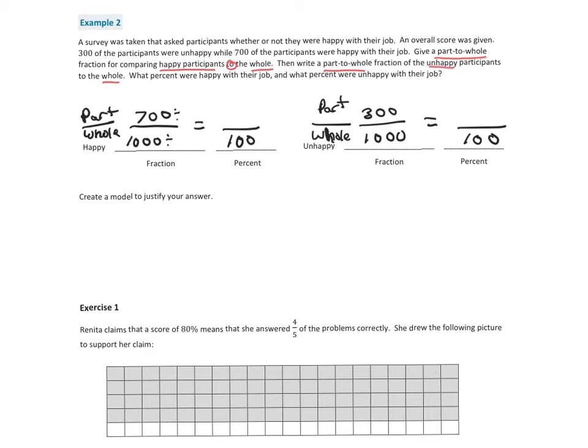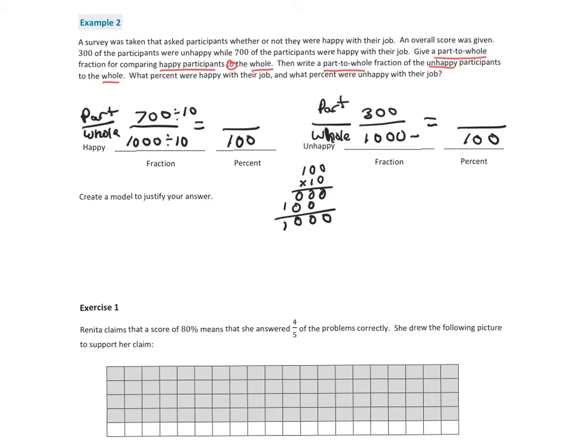Now hopefully you're taking a good guess on this to say 100 times what will give me 1,000, and your guess might be times 10. So let's try it. And there you have it. So 1,000 divided by 10 will give us 100. Now you may already have known that, but not everybody does, so I wanted to show it to you.